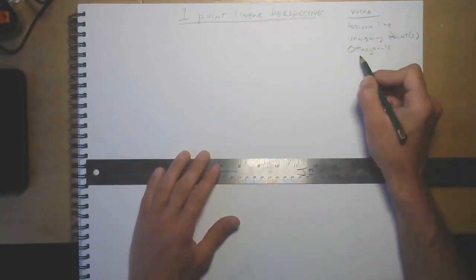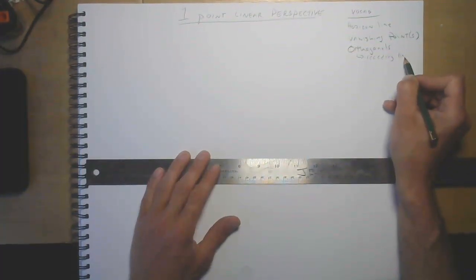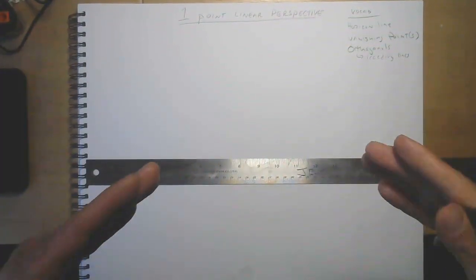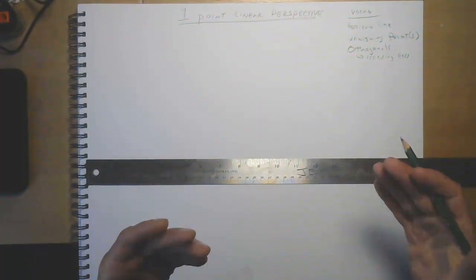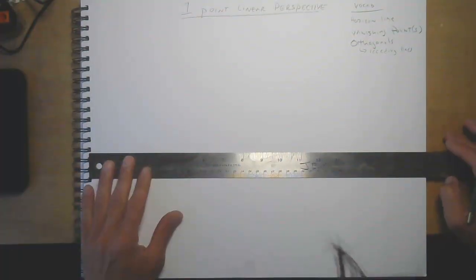I also call them just receding lines, because those are the guidelines that recede away from us to help create the correct angles that creates the illusion of things getting smaller as they recede in the distance.